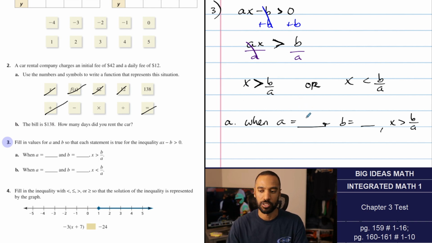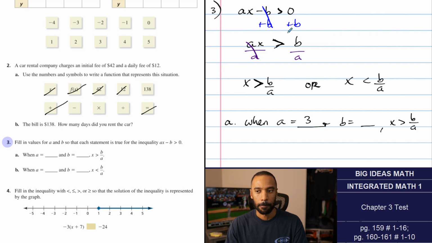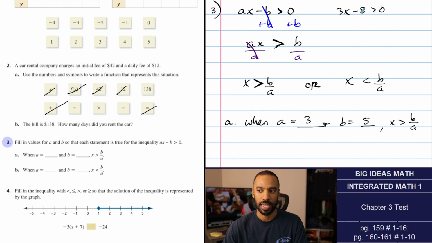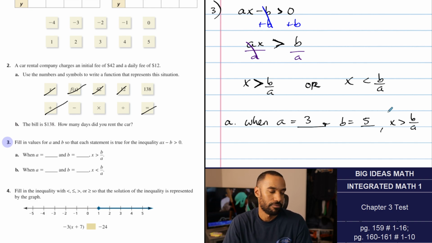So make one up, 3. B could be anything, and you're adding that number over. So if B was 5, that means 3x minus 5 is greater than 0, and then I add it over, it turns positive. Even if it was negative, that's fine. So 3 and 5, that works.